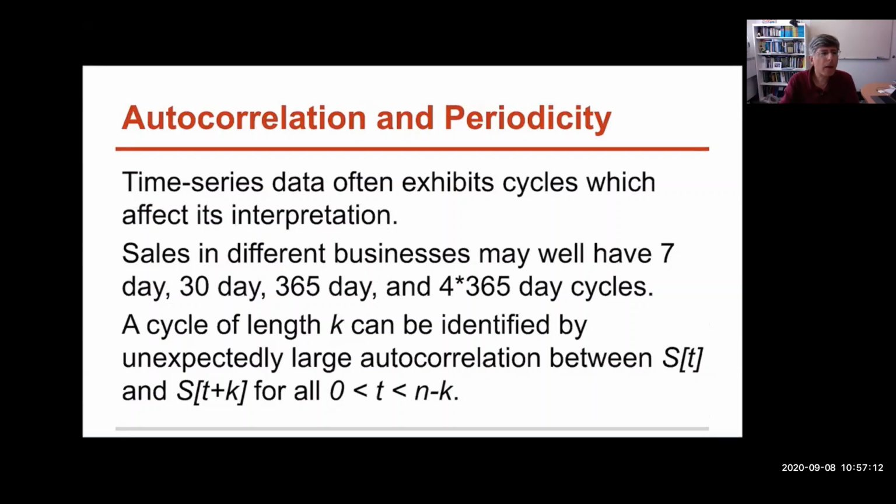One last thing about correlation that I want to show you, that's an important tool, has to do with periodicity. Let's say, hypothetically, you were working with data on sales for a homework problem in a data science class.